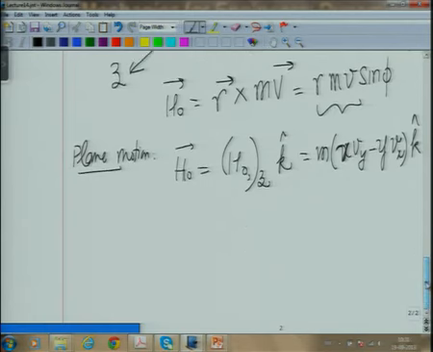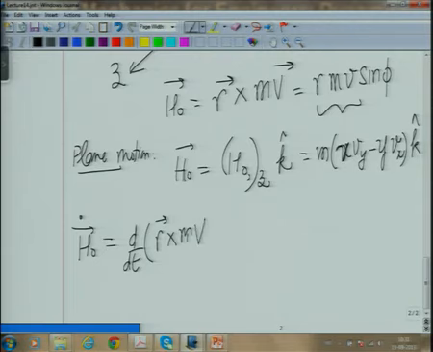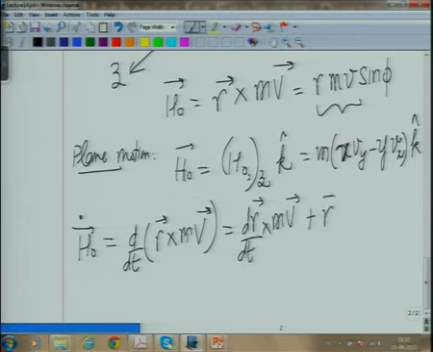Now what we see is, let's look at the rate of change of angular momentum, H O dot. So this will be equal to d by dt of R cross m v. So this will be equal to dr by dt cross m v plus R cross m times v dot.